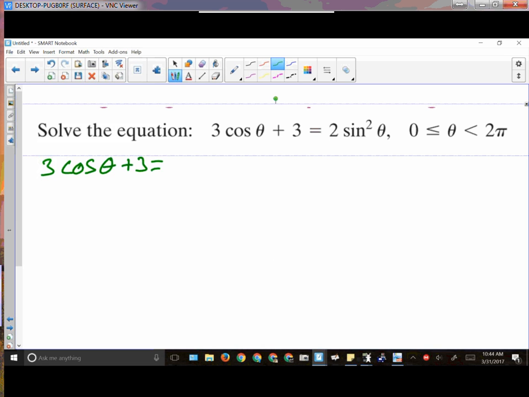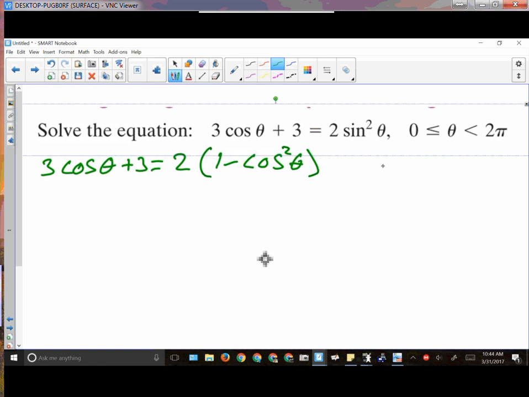See how I did that? Sine squared is also equal to 1 minus cosine squared theta. Okay? Remember, sine squared plus cosine squared is equal to 1. So by use of that identity, I can go and deal with this.